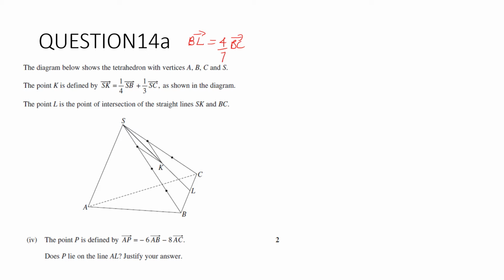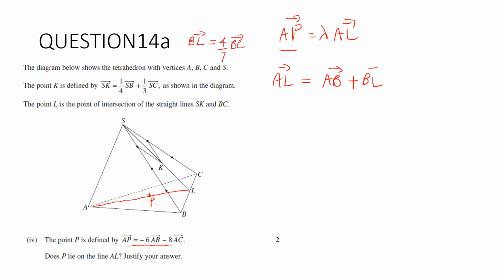Part 4, the point P is defined by this equation here. Does P lie on the line AL? What we'd really like is this, AP is equal to some proportion of AL. Now we already have an equation for AP, let's work out one for AL. So AL is equal to AB plus BL, which is equal to AB plus, from the previous question, 4/7 of BC, which is equal to AB.